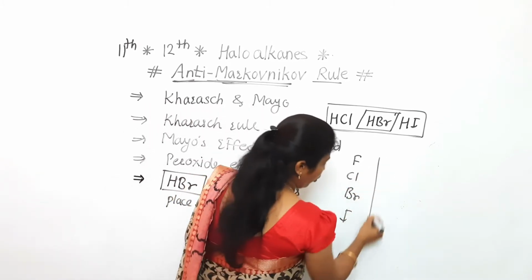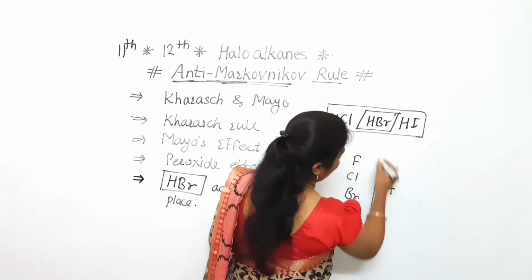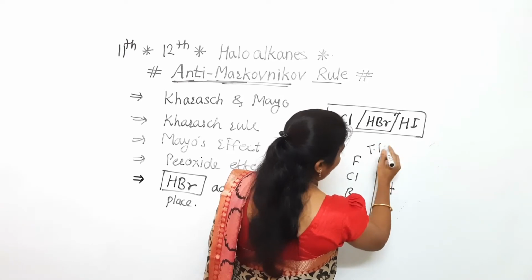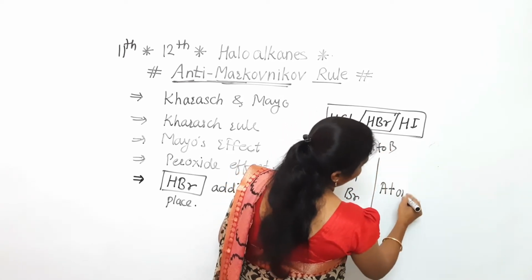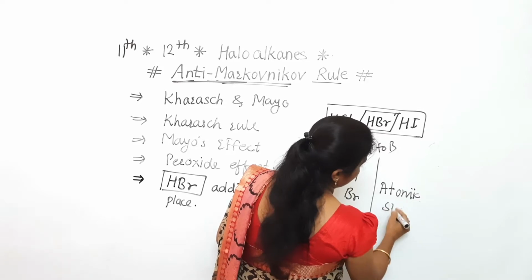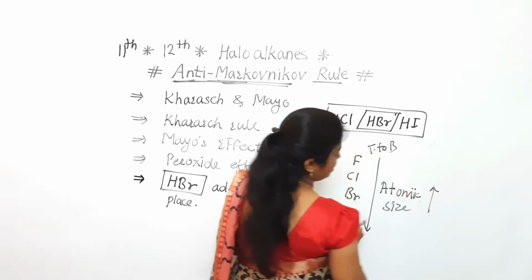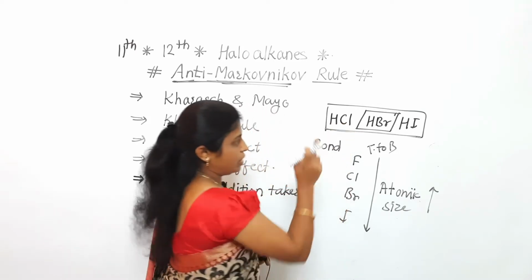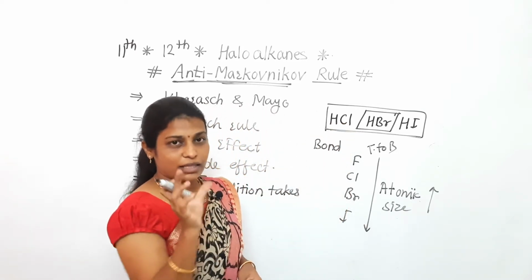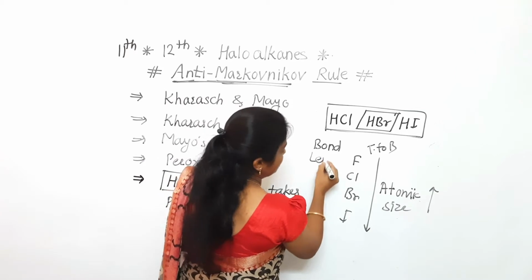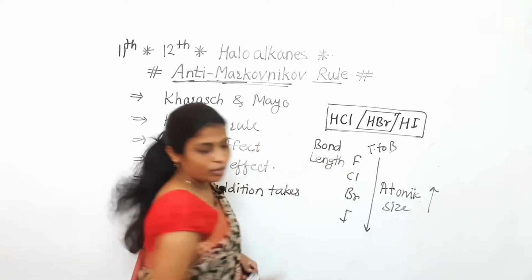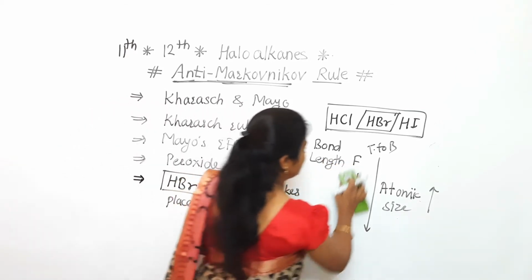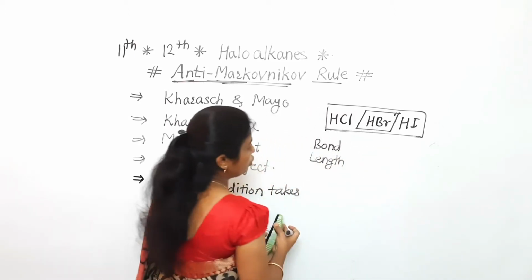Top to bottom, atomic size increases. If atomic size increases, then the bond length of H–Cl, H–Br, H–I also increases.